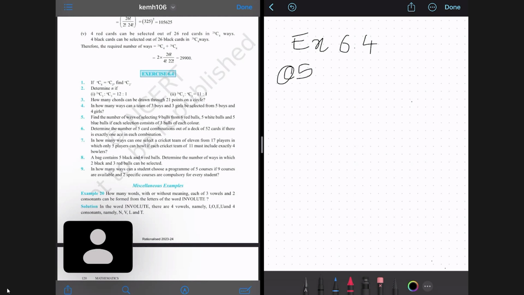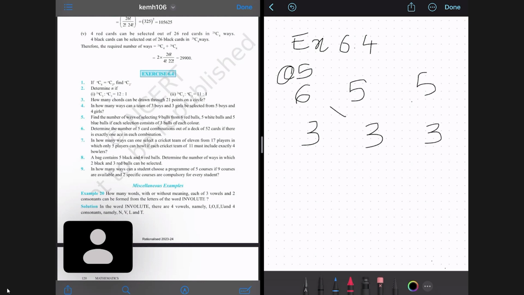In this case, we have to select 3 red balls from 6 red balls, 3 white balls from 5 white balls, and 3 blue balls from 5 blue balls. So that is nothing but selecting 3 from 6, selecting 3 from 5, and again selecting 3 from 5.